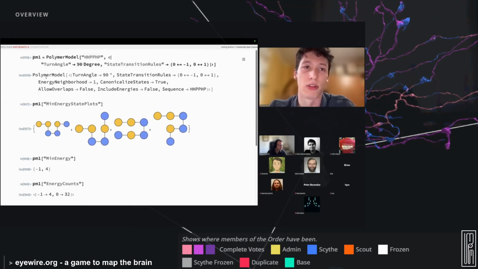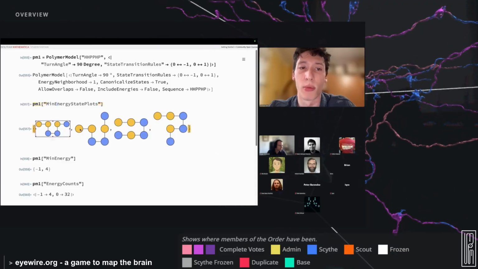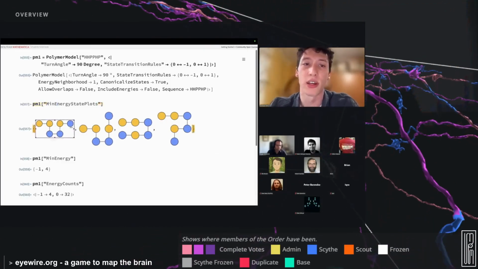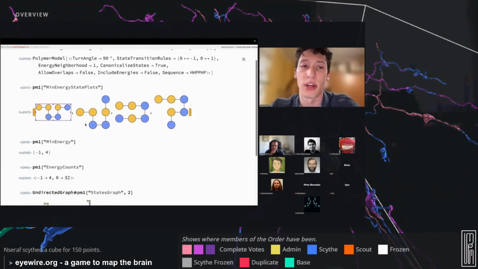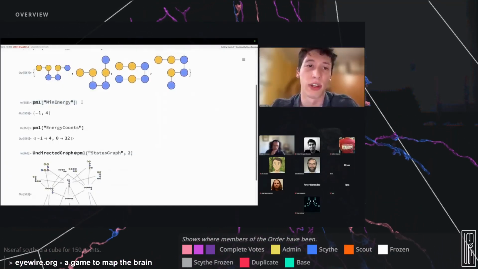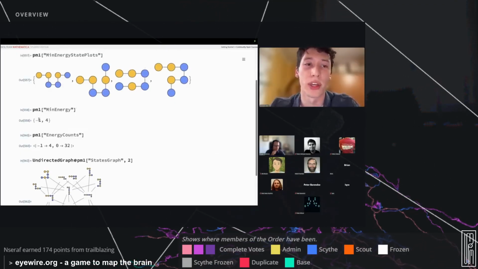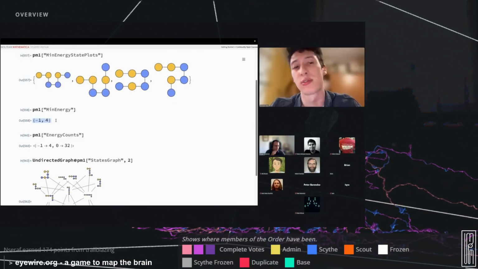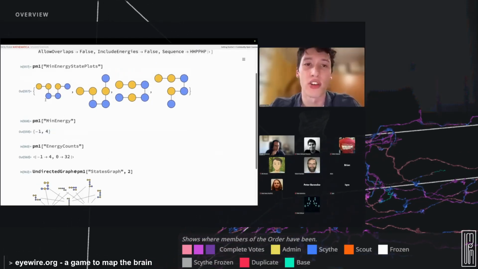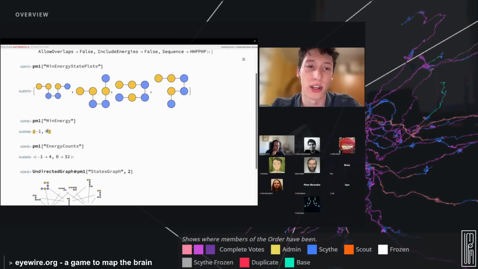So in this example, for this Polymer model, these would be the minimum energy states, and they all have the same energy, right? And we see this same thing here. If you ask for the minimum energy, we get at the first position of the returned list the minimum energy, which is just -1 right now, and there are 4 states that have this energy.